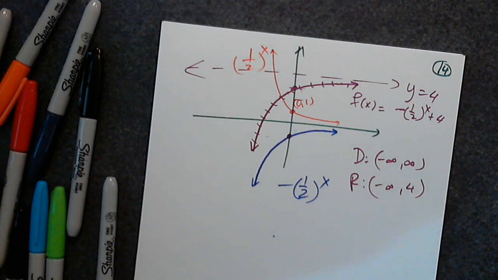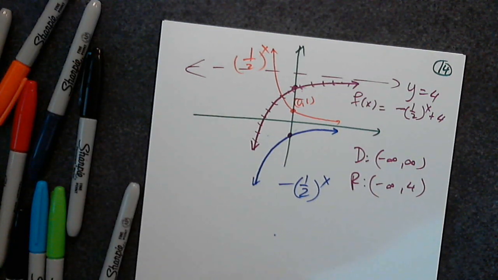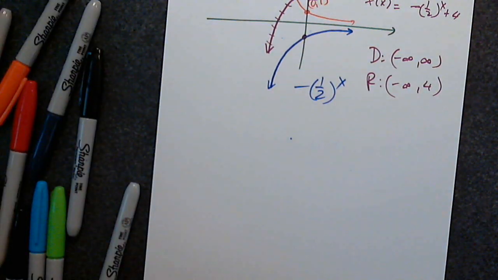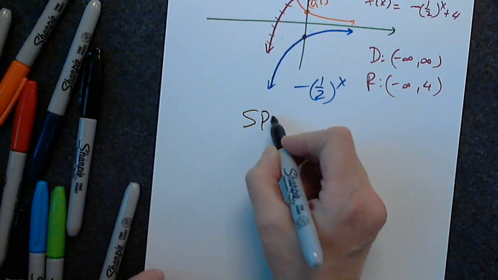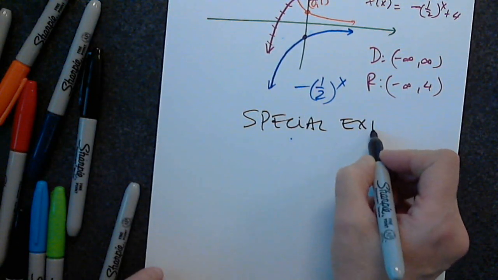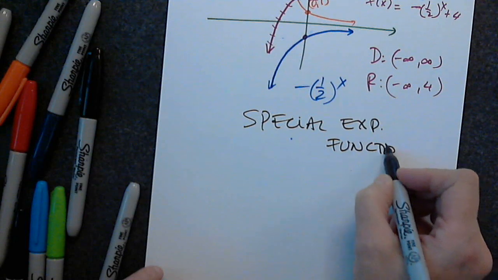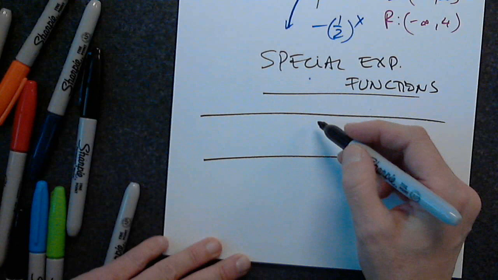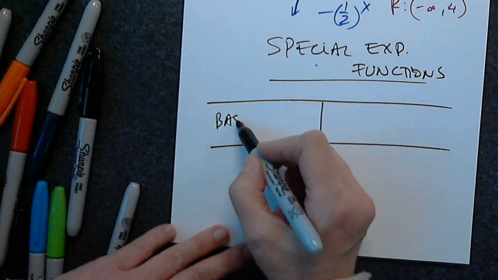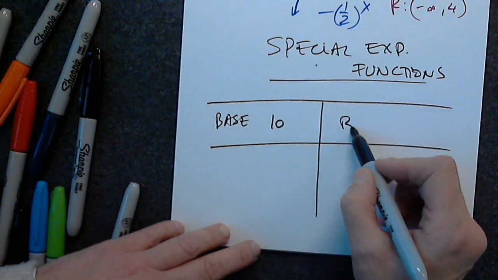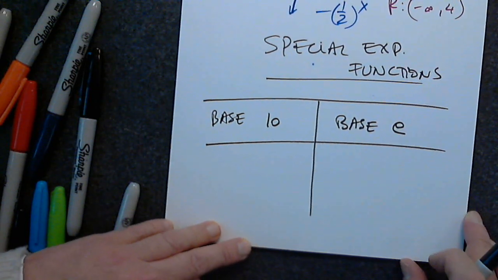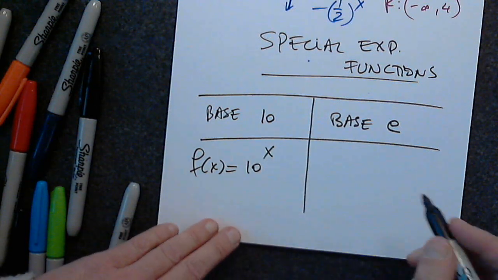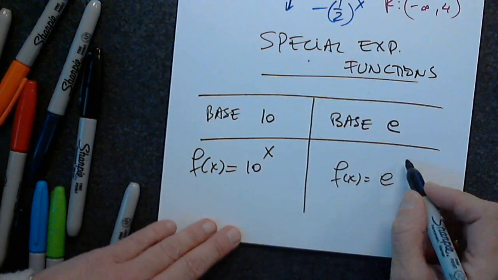Very good question. Okay, now I would like to talk about two special exponential functions. Very special. Special exponential functions. Base 10, base e. So f of x is 10 to the x, and f of x is e to the x.